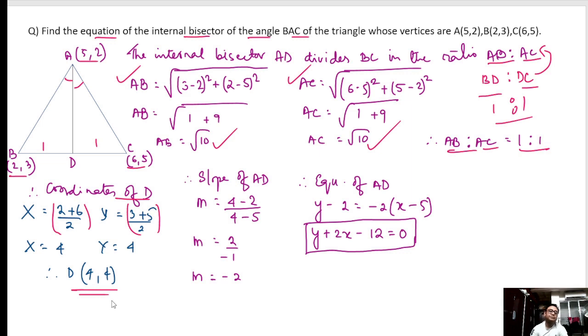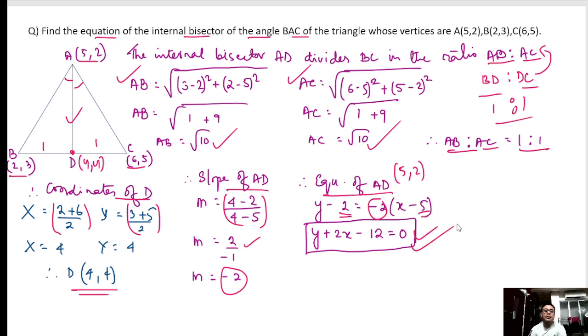Now the coordinate of D is 4, 4. So slope of AD I can find, y2 minus y1 by x2 minus x1. And I need any one coordinate. So let it be 5, 2. So the equation of AD will be y minus y1 is m into x minus x1, and we get this equation.